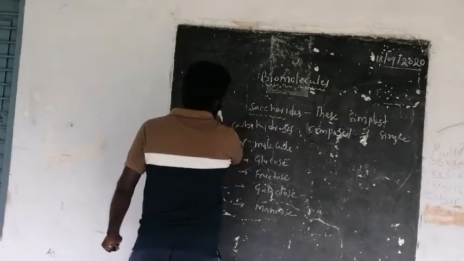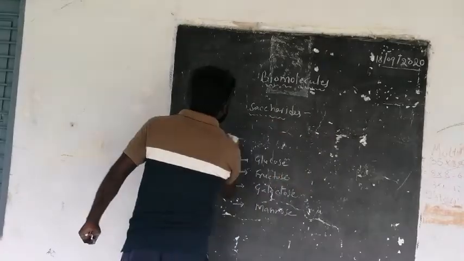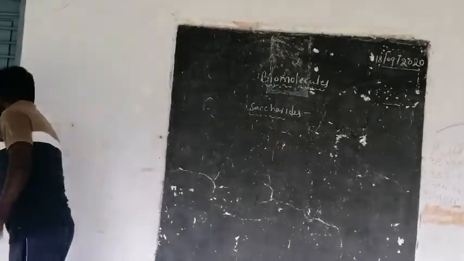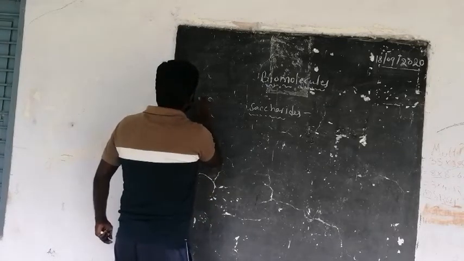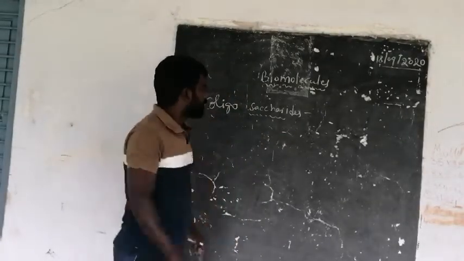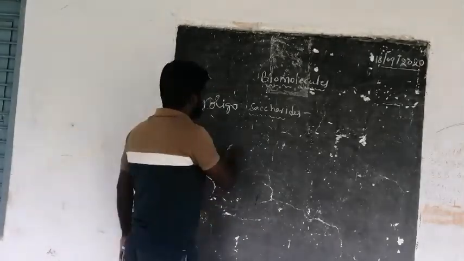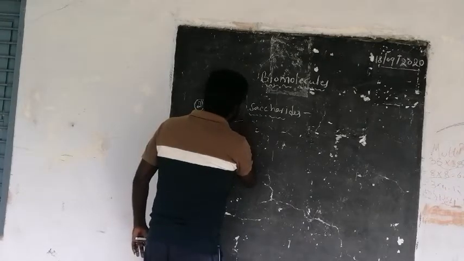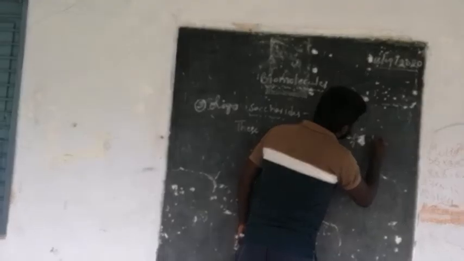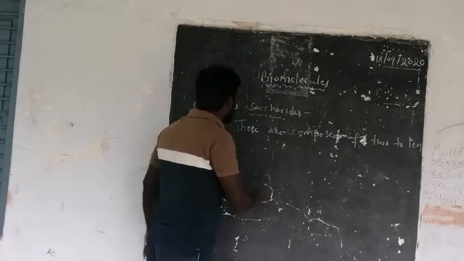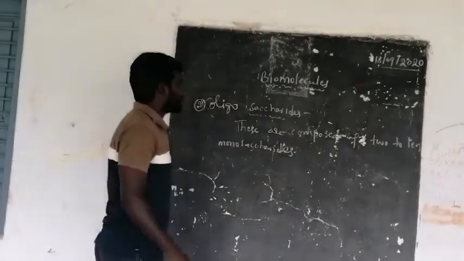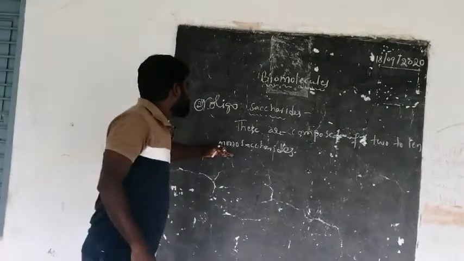And the second one, oligosaccharides. Oligosaccharides are composed of 2 to 10 monosaccharide units.